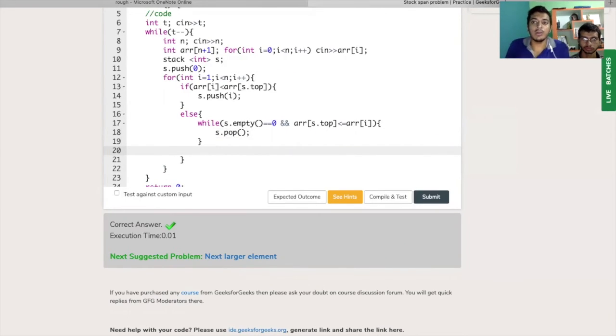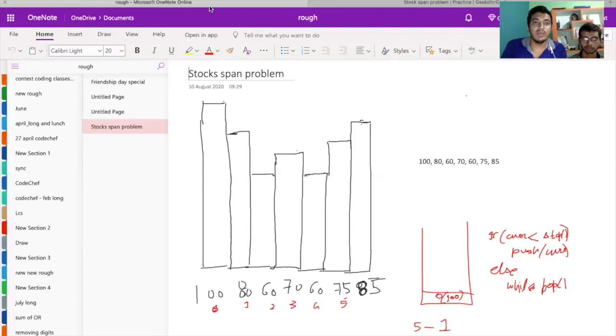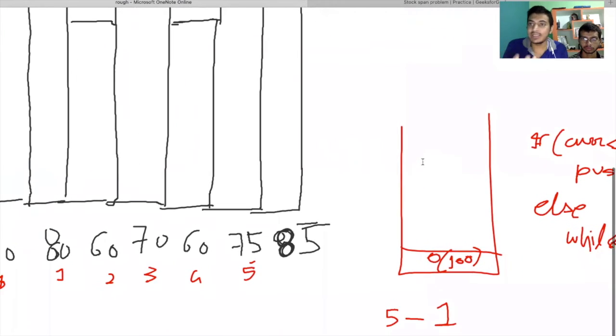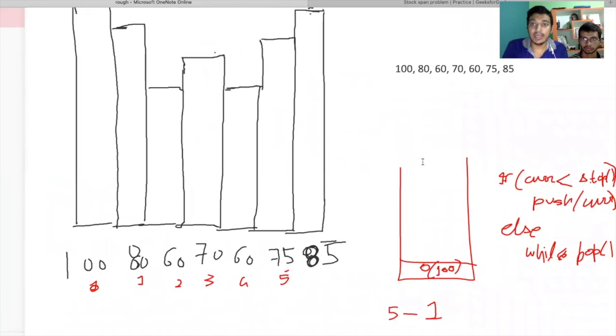Now, one more important thing to observe here is that we cannot always do answer equals current index minus the index at the top of the stack. Because in case the stack is empty, it will throw us a segmentation fault, right?